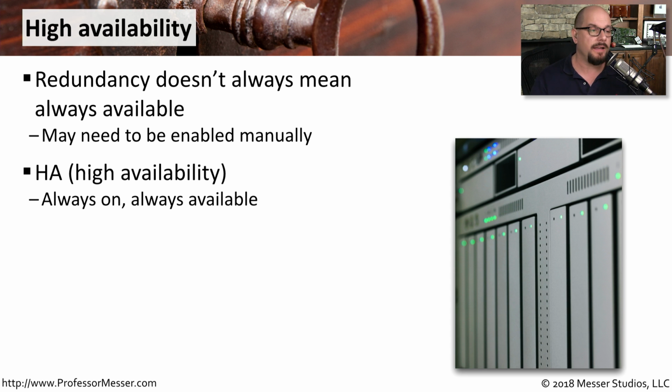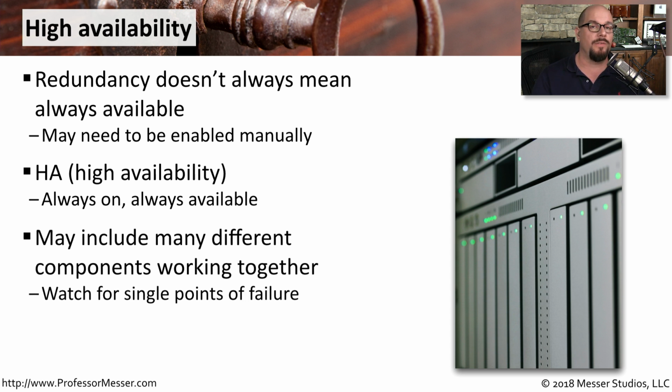You'll often see high availability shortened as HA, which means that this is always going to be on and always going to be available. This might involve a number of different components all working together. You might have a pair of firewalls that are connected to a pair of routers that are then connected to a pair of switches, so that if any single one of those components fails, the other components will work around the failure and provide that high availability.